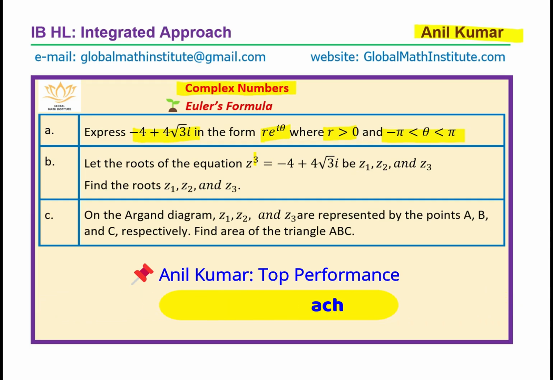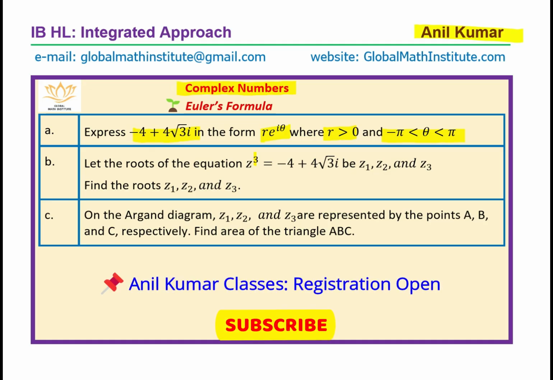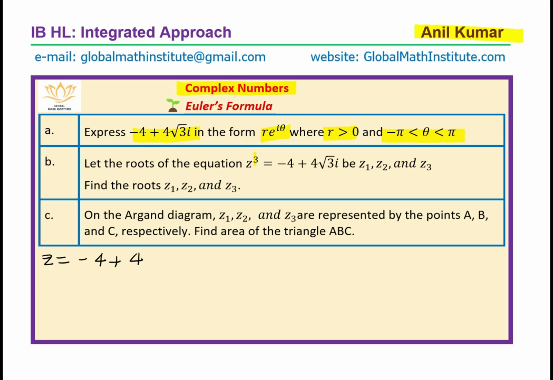So we'll begin with the complex number given to us, which is, let me write this as z = -4 + 4√3i. We can take 4 common, and what we get here is -1 + √3i. To write it with sine and cosine, let's divide by 2.